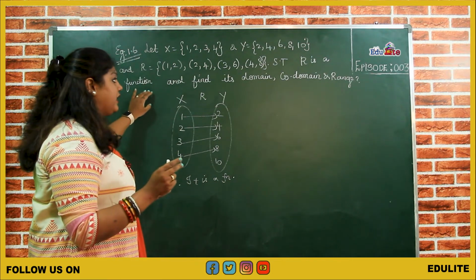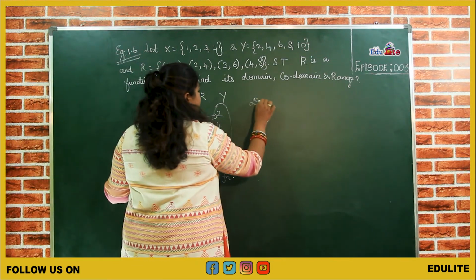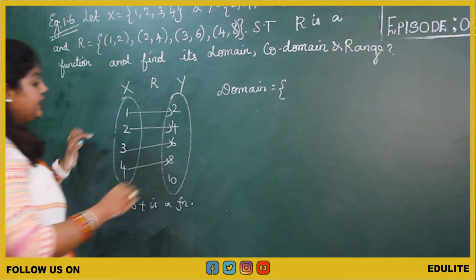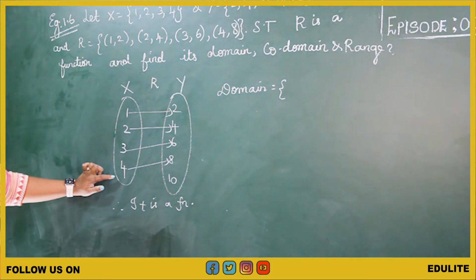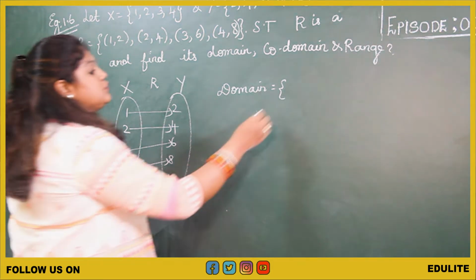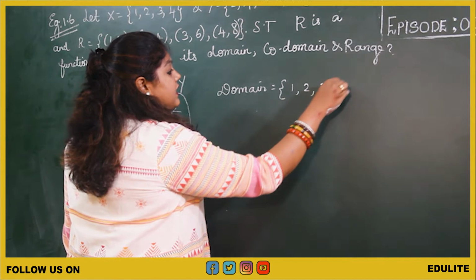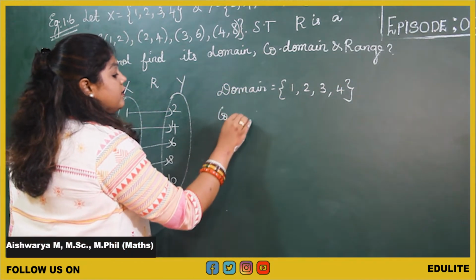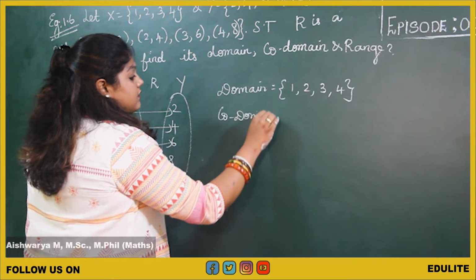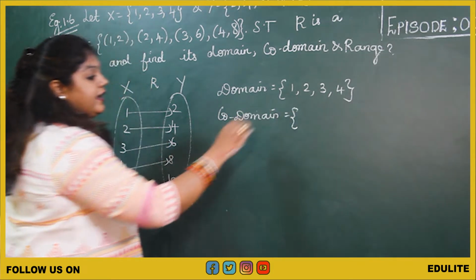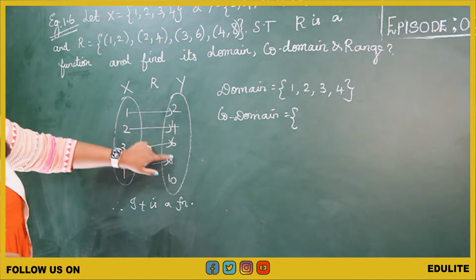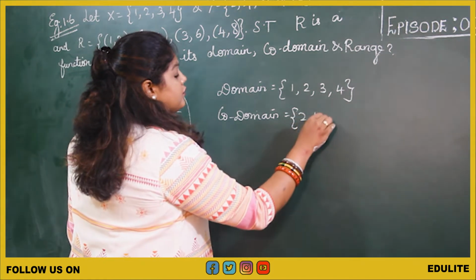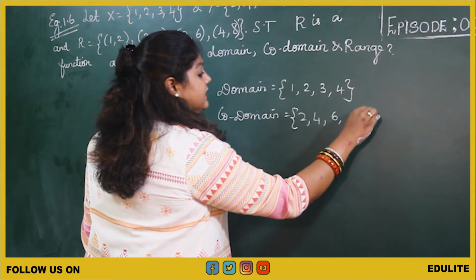So, first we have found out it is a function. Second, we have to write the domain of this function. As we already know, the elements in the set X are called the domain. Therefore, domain is equal to 1, 2, 3, 4. Next, we have to write the codomain. What is codomain? We already read that the codomain is nothing but the set Y. The set Y represents the elements 2, 4, 6, 8, 10.